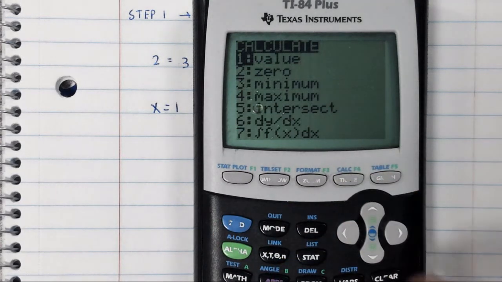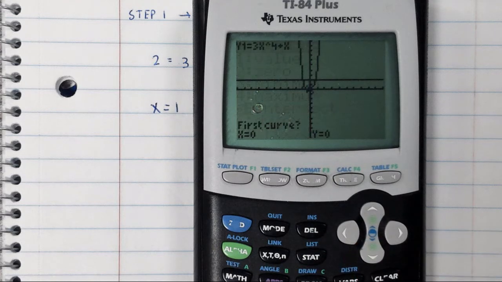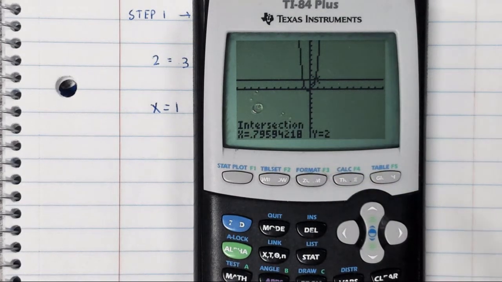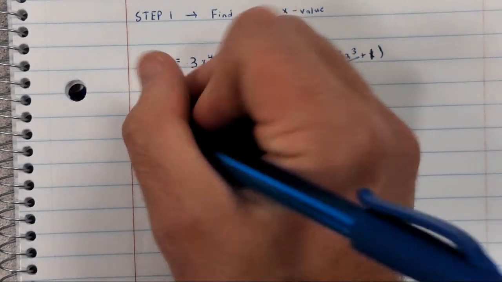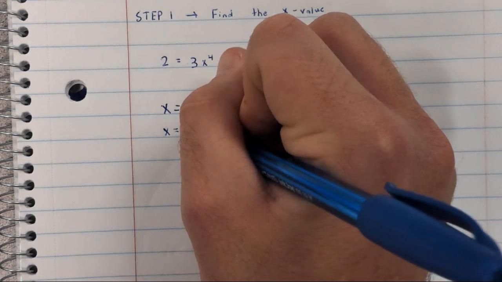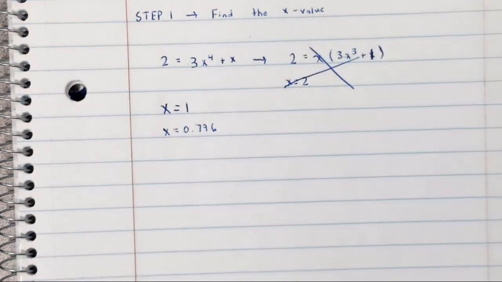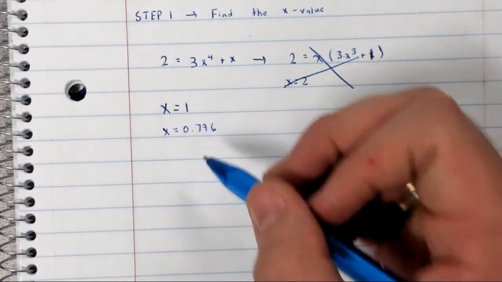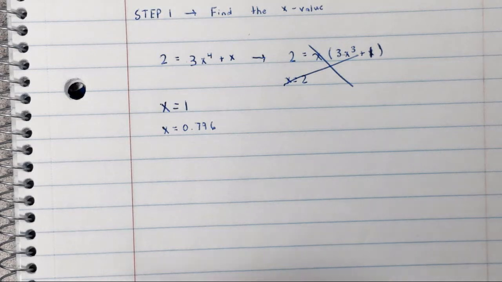Second trace, go down to intersect, put my cursor close to it, click enter, enter, enter, and it gives me my other x value when y is equal to 2. So my other x value is x equal to 0.796. Because of the cubic nature of this, I might have two different answers.